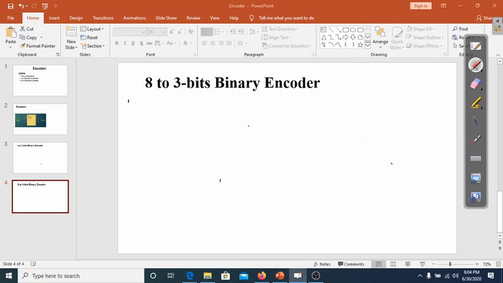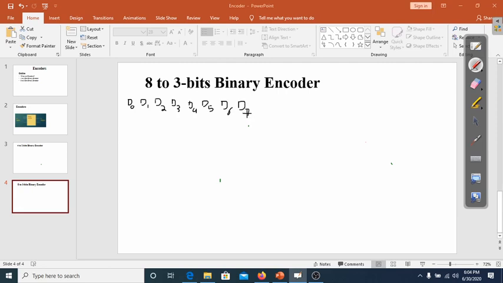So we have 8 inputs, those are D0, D1, D2, D3, D4, D5, D6 and D7.